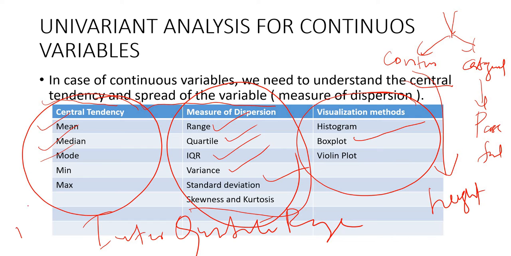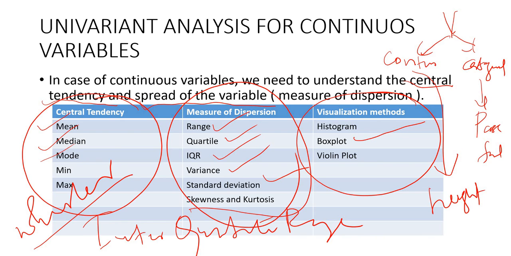Box plot, or whisker plot. All these videos are available in the playlists statistics and feature engineering. In both playlists, it's available. Please watch those videos. If you don't know these terms, mean, median, mode, range, quartile, IQR, variance, box plot, histogram, these are all important.